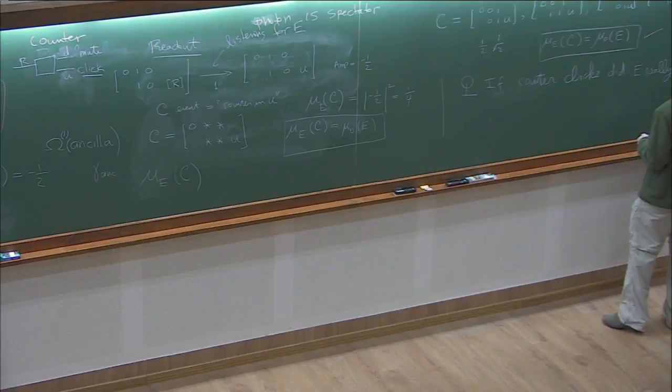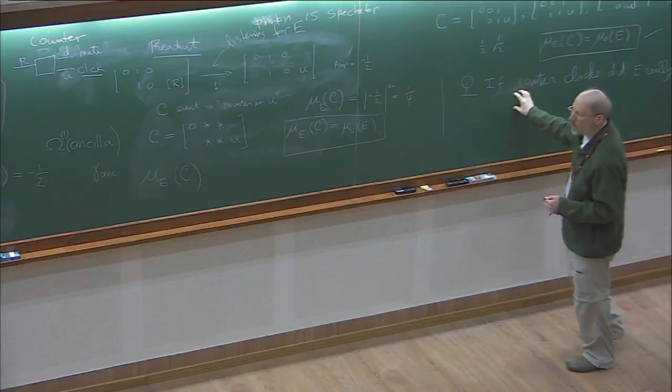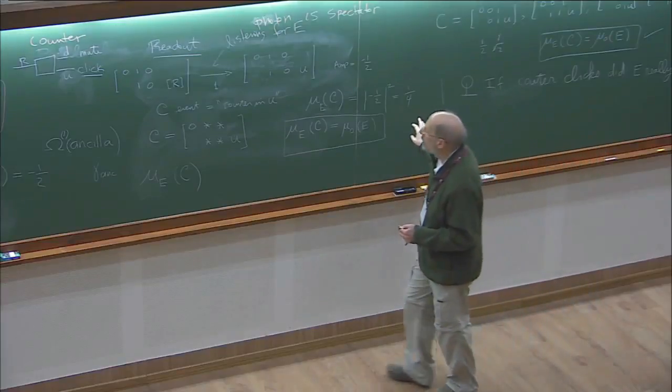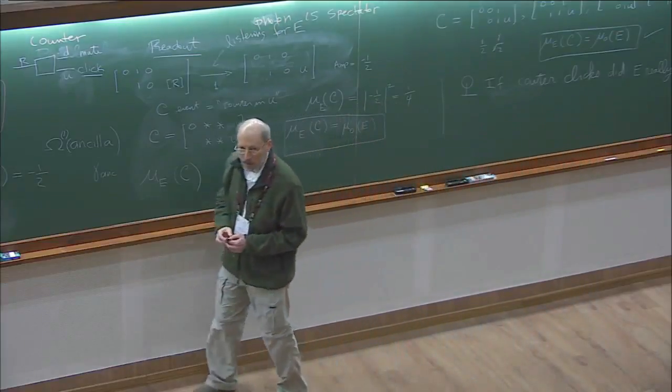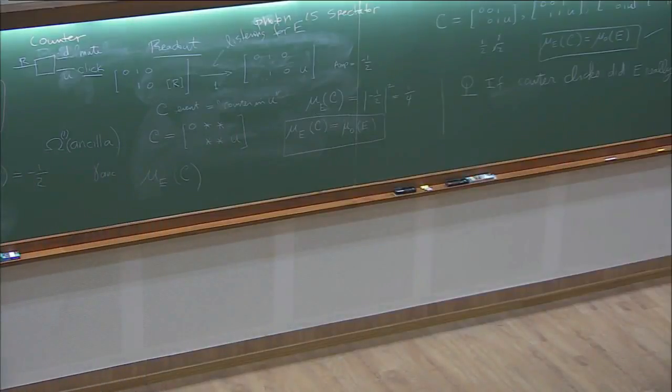This is the kind of question that we would be able to answer if we really understood quantum mechanics. There's good reason to say the answer ought to be yes in this case, and in this sense it's a minimally disturbing detector. But I'm afraid I don't have time to say any more than that.